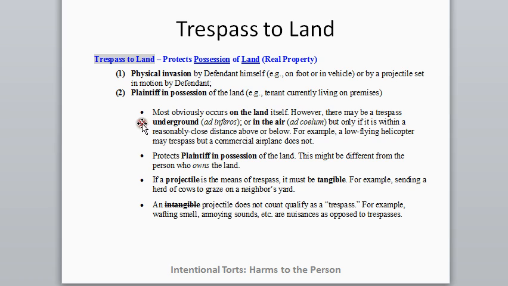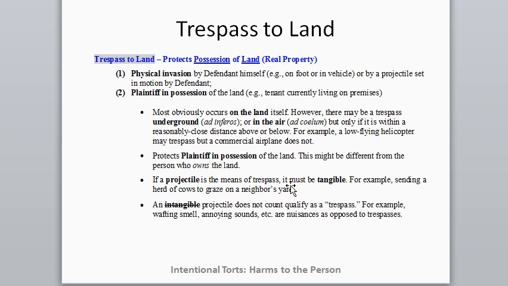Now, the projectile, I spoke about that. If someone is shooting a rocket into your property, that is a trespass, but it has to be tangible. An intangible projectile does not qualify as a trespass.